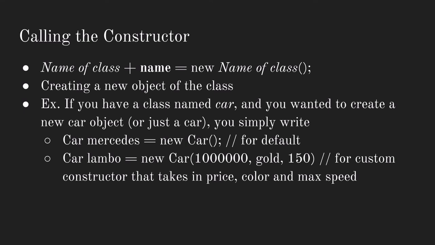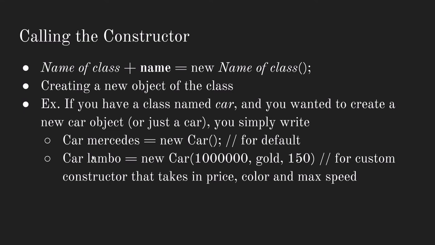And another example is if you had a class named Car, and you wanted to create your very own car, or a new car object, then you would simply write Car, and then whatever name you want. In this case, it would be Mercedes equals new Car, and this is the default car. So let's say the default car has red as its color, and it has, let's say, 4 wheels, and it costs $250,000 or something like that.